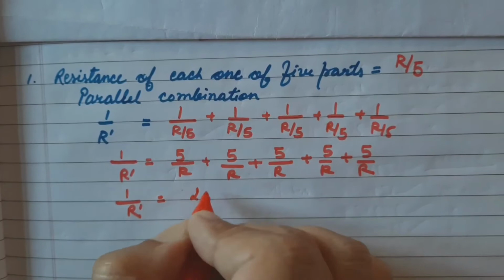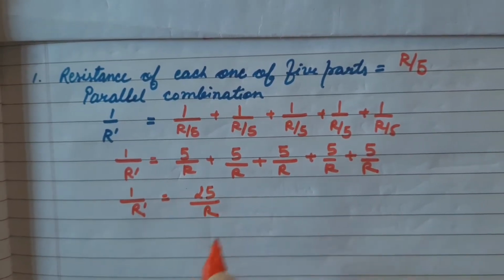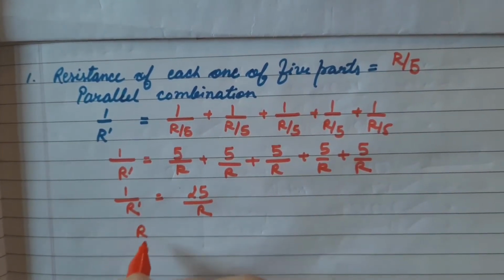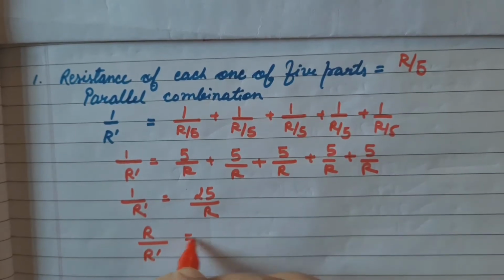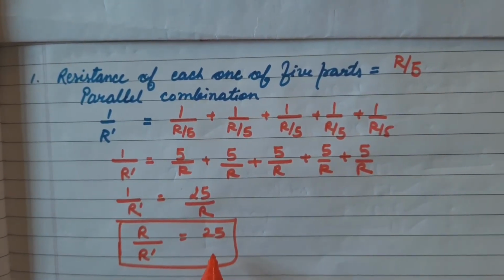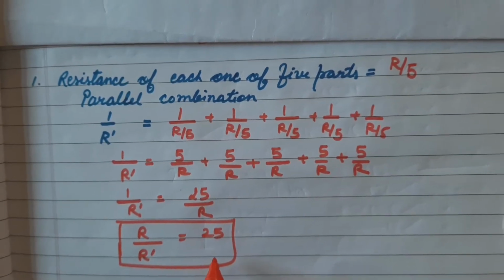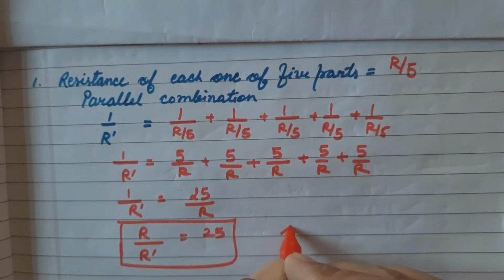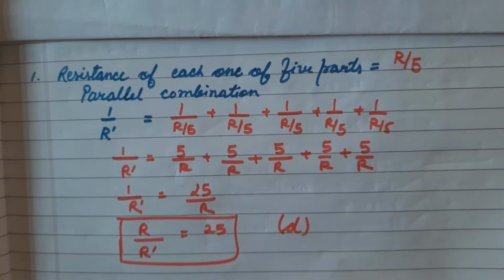It will be 25 upon R. So R upon R dash will be 25. According to the question, this is option D. So D option is correct.